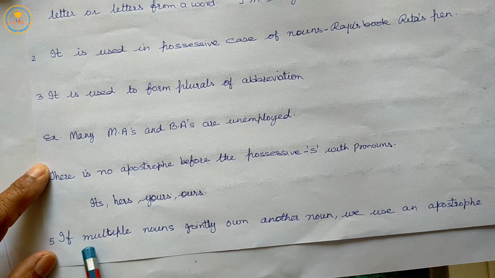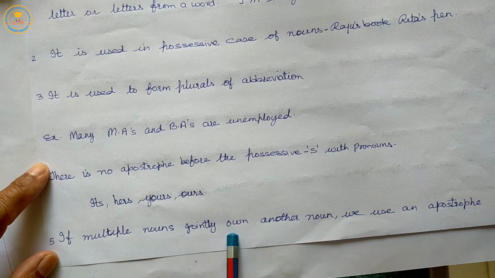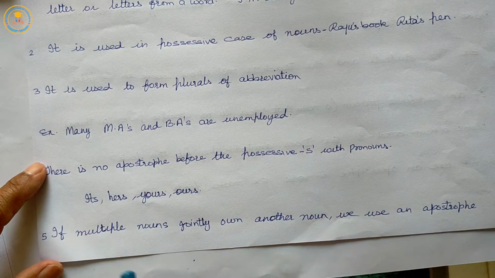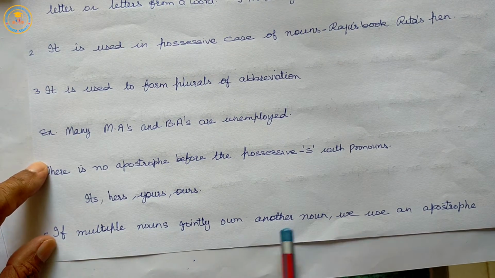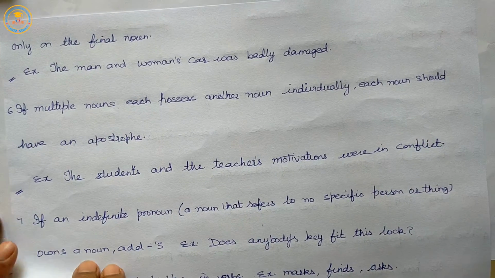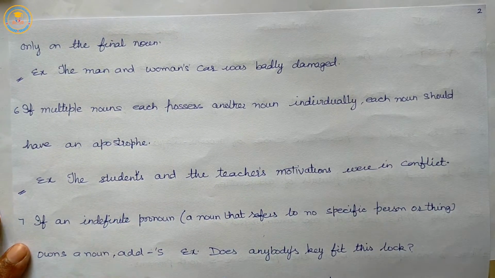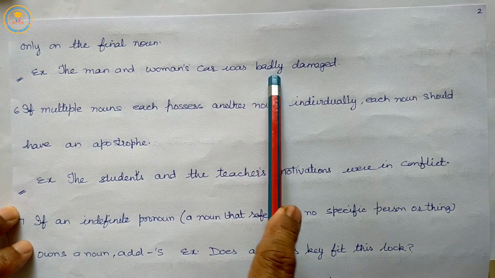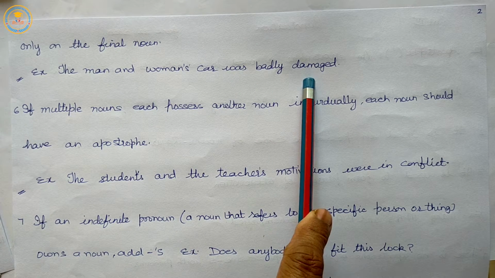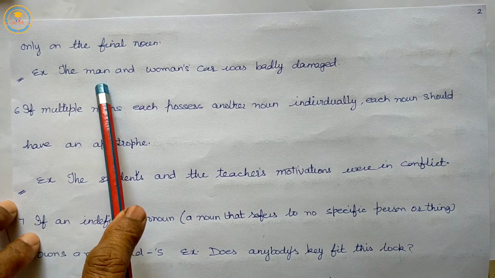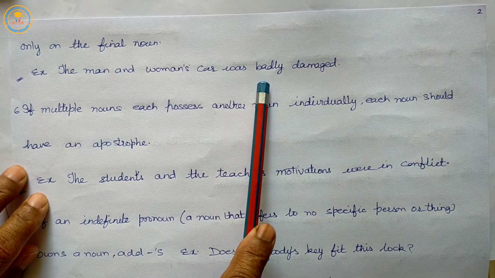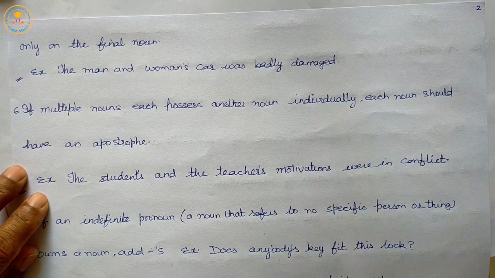If multiple nouns jointly own another noun, we use an apostrophe only on the final noun. Example, the man and woman's car was badly damaged.